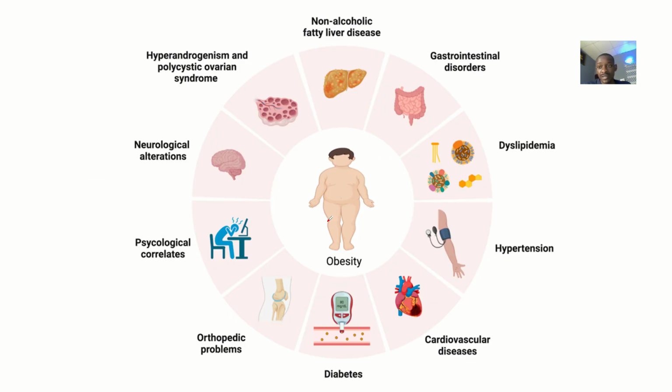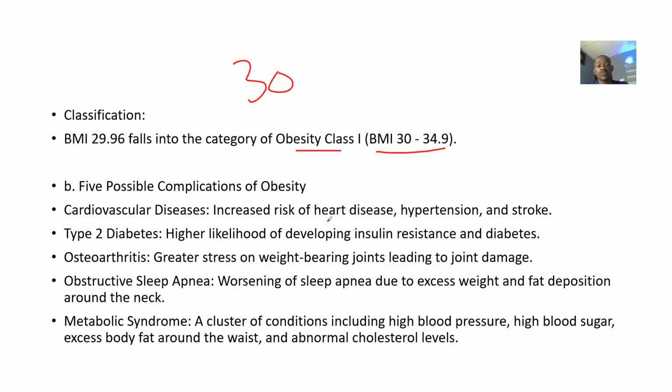Now, what are the 5 possible complications of obesity? I brought the picture here. This picture contains almost everything. Cardiovascular disease: there's increased risk of heart disease, hypertension, or stroke. Type 2 diabetes: there's a higher likelihood of developing insulin resistance and diabetes. Osteoarthritis, like she had: there will be greater stress on your joints as they try to bear your weight, and this will lead to joint damage.